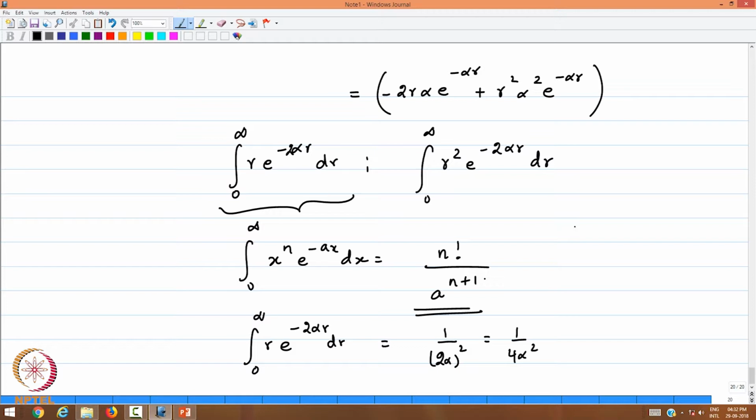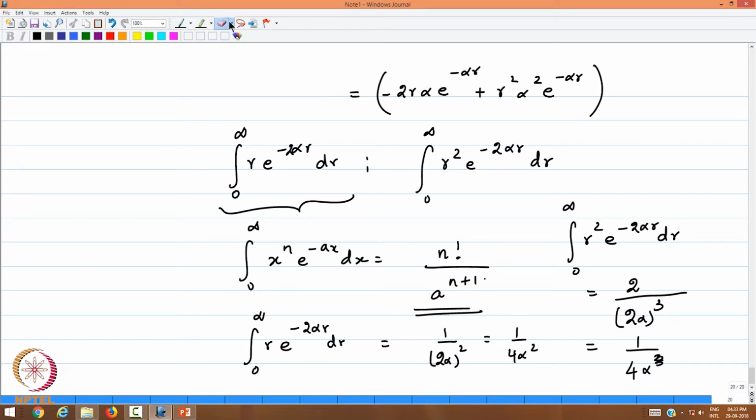and the other integral that you will get, namely r square e to the minus 2 alpha r dr from 0 to infinity, has n equal to 2. Therefore, it is 2 factorial, which is 2, divided by a, which is 2 alpha, raised to n plus 1, that is 2 alpha cube, and therefore, it will give you 1 by 4 alpha cube.